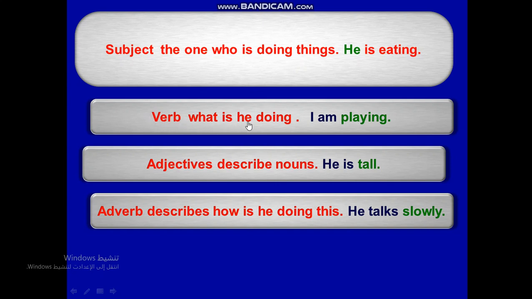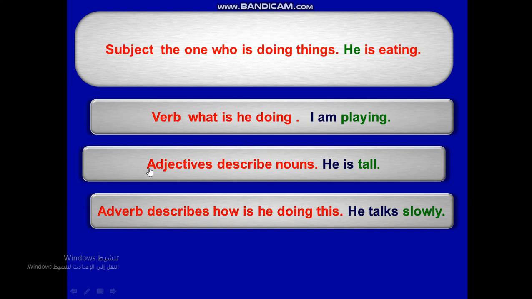Very good. Verb. What is a verb? A verb is what he is doing, the action in a sentence. Like this, I am playing. You can ask yourself, what is he doing? You will find the verb. Playing here is a verb. Adjectives.